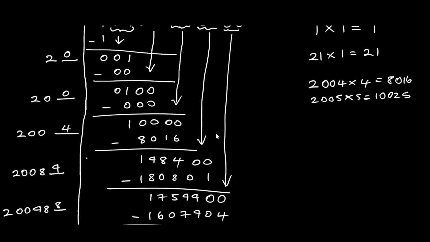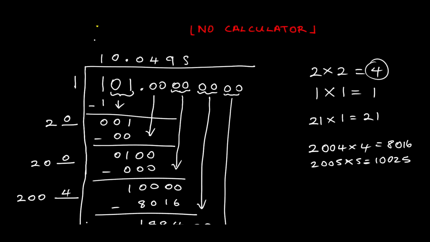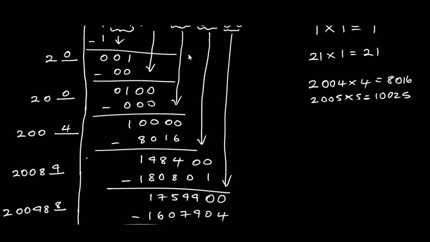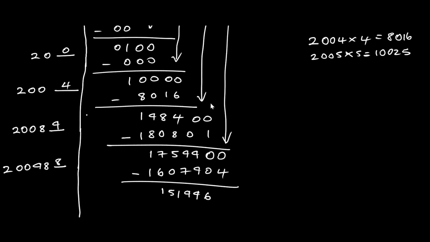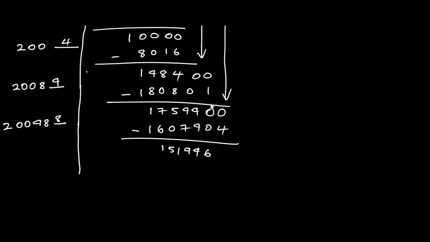And always remember, whichever value you get, you would need to put it there. Now for the final step, once you've subtracted, you would get 151,996. And once you've subtracted, you would basically be left with that.